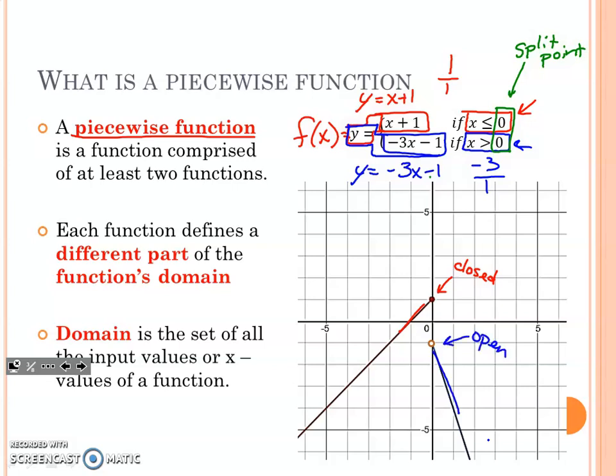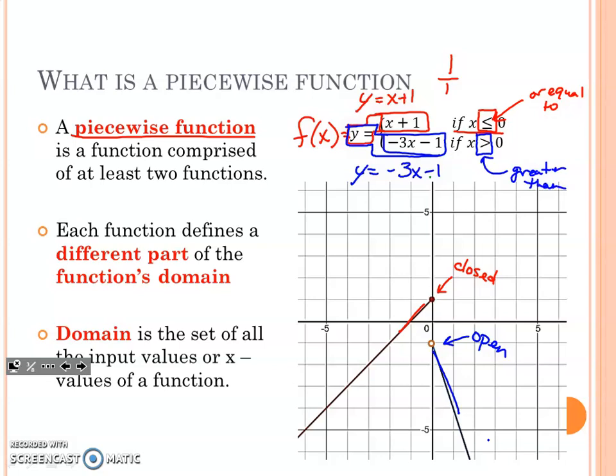Look up at the piecewise and see if you can identify why the red would be closed and the blue would be open. I notice that my red function is closed because that is a less than or equal to, versus my blue function is just a greater than.